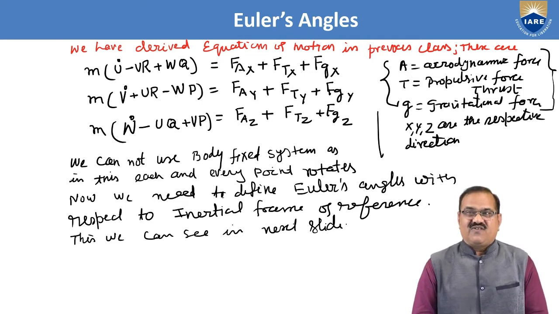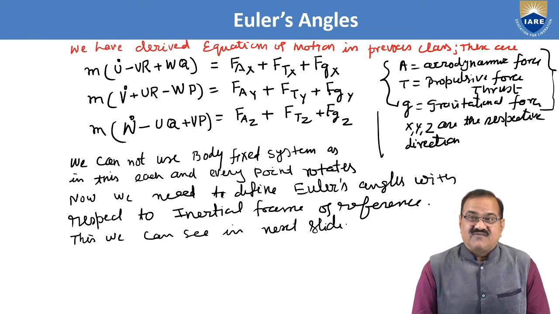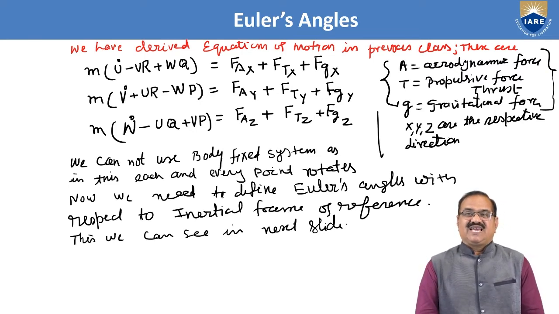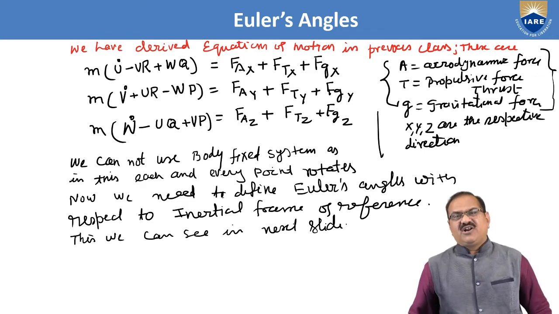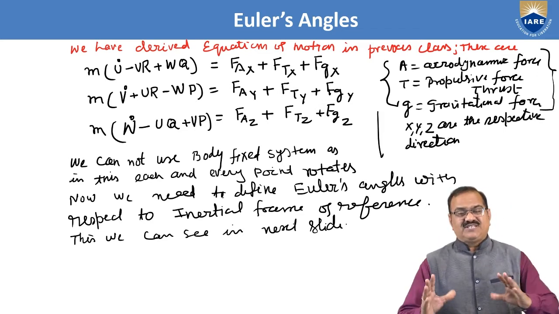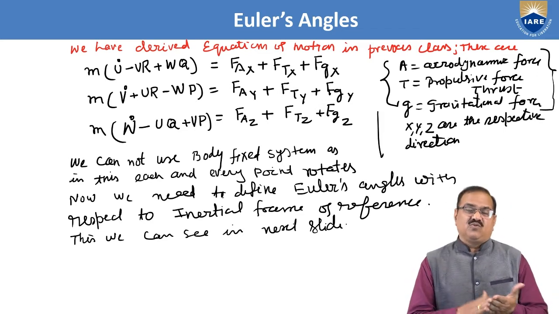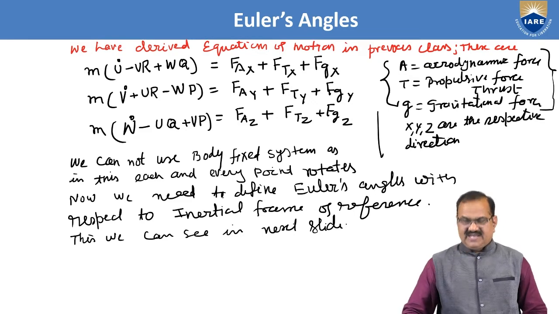So we need to define Euler's angle, which is in the inertial frame of reference. We need some angles by which we can transform from body to inertial and inertial to body, which we will see in this lecture.